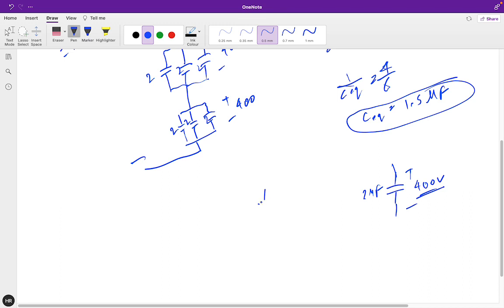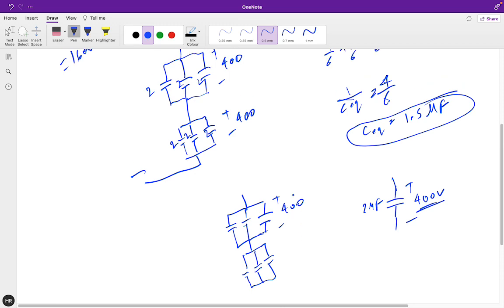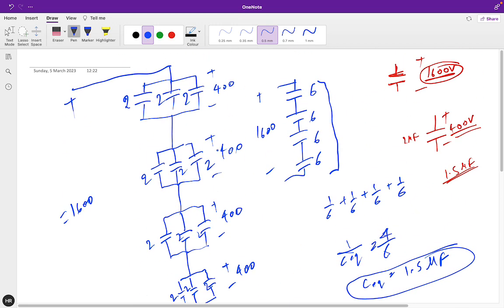So if we connect a similar capacitor in parallel with this, the voltage value will be the same, plus minus 400. But in the question it is written you need to make 1600 volt. So how many of this kind of combination can be taken? Three more. So that's why I took 1, 2, 3, 4.